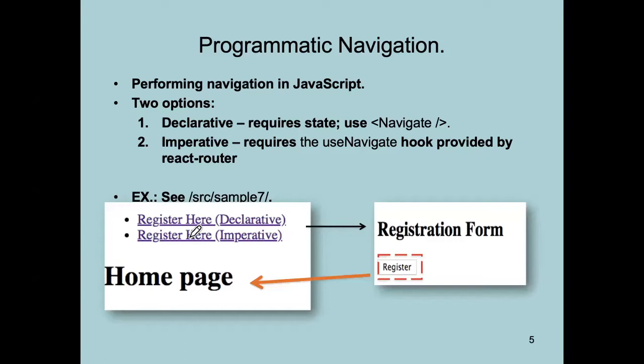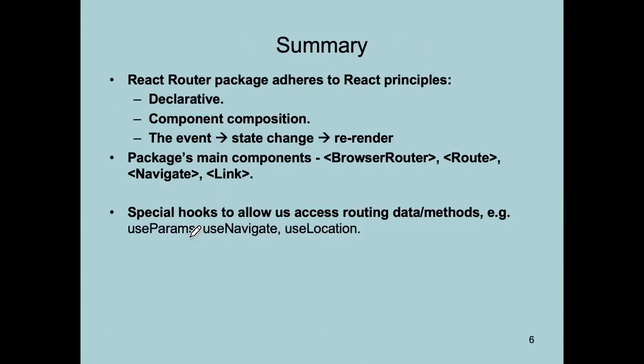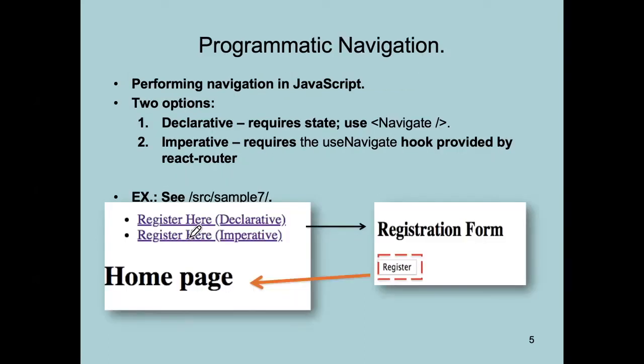Now, it's this second arrow where we have what I'm calling programmatic navigation, because it's the event handler associated with the register button that is going to cause the redirection back to the home page. And this is all done in sample 7.